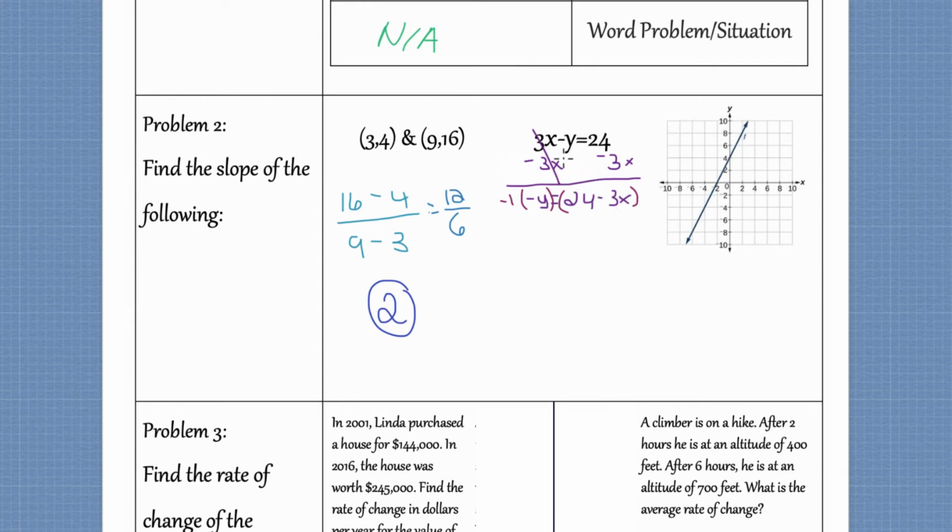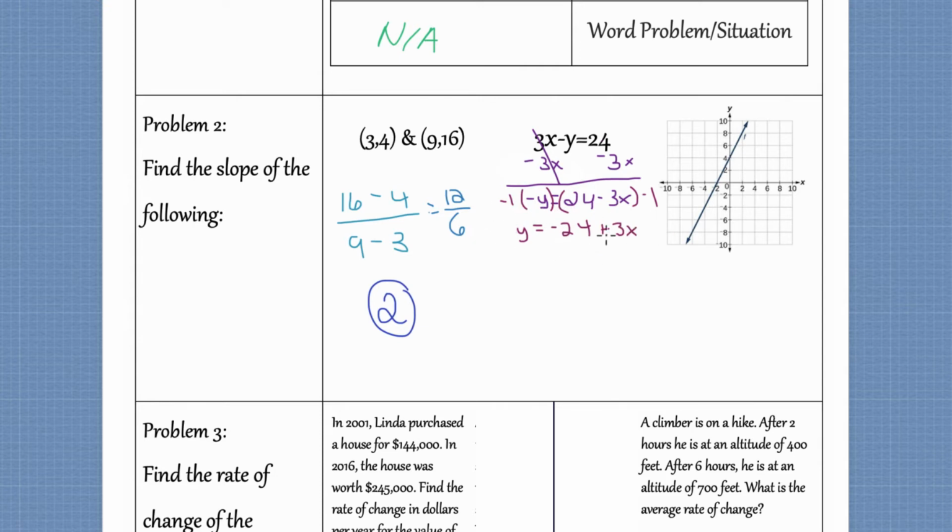So negative 1 times negative y leaves us with y, which is equal to negative 1 times 24, which is negative 24, and then negative 1 times negative 3x, which is going to give us plus 3x.